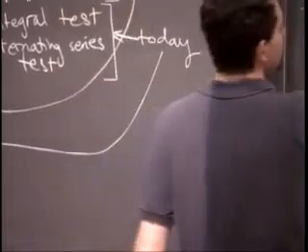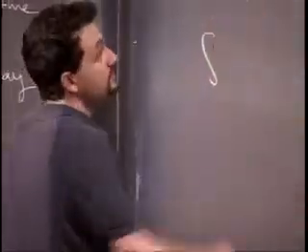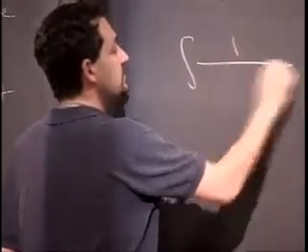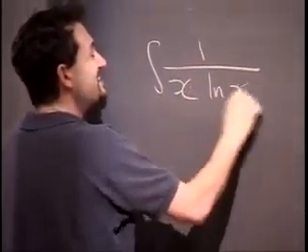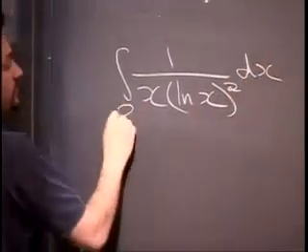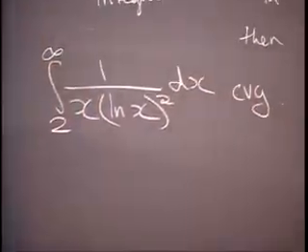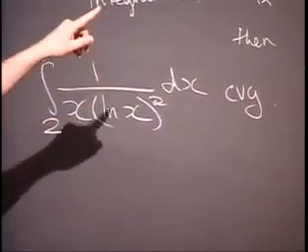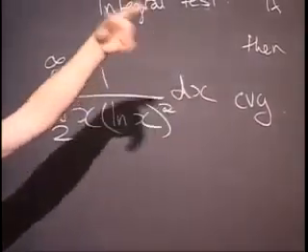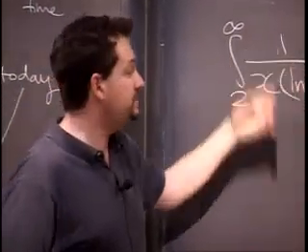An example is one we already saw, and this was a few weeks ago, so I don't blame you if you forget, but we saw that this integral, 1 over x log x to the power 2, say from 2 to infinity, converges. I'll leave that to you, but if you do the same substitution, the only difference is you get a 1 over t squared instead of a 1 over t. And that converges by the p-test.